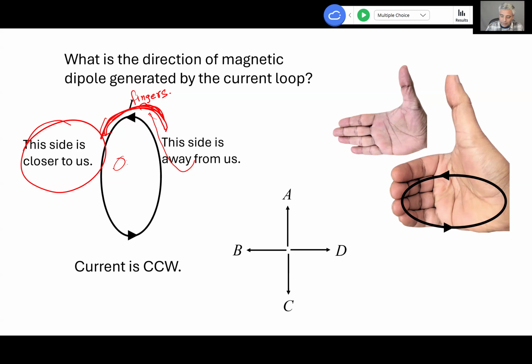With a slightly different orientation like this, I guess there wouldn't be that much confusion. But what you want to remember is that you have to wrap your fingers in the direction of flow of current, and then stretch the thumb, and that should give you the magnetic field in that direction. Okay?